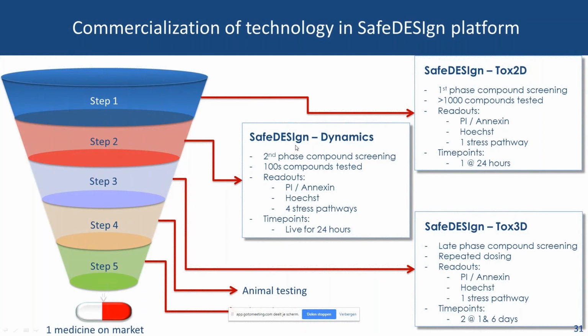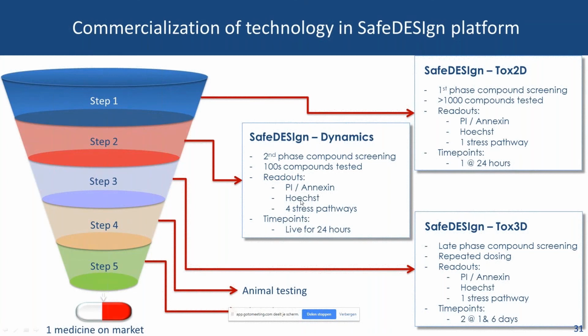Then we also have the SafeDESIgn Dynamics, in which we can really follow over time what is happening with stress pathway activation. We can screen for 24 hours, but if it's really necessary, we can also screen for 72 hours in the 2D system. Obviously, the 384 well plate will be under a microscope for this period of time.